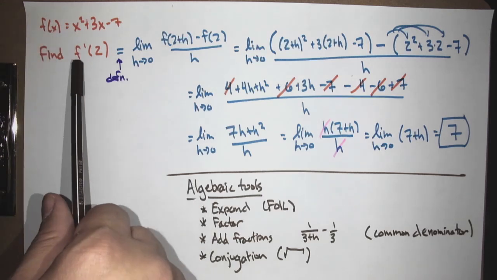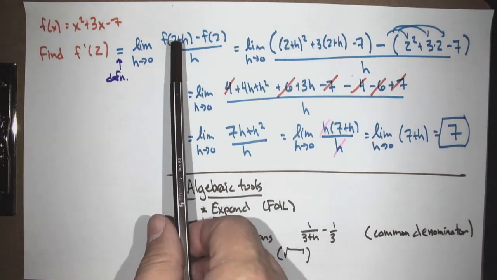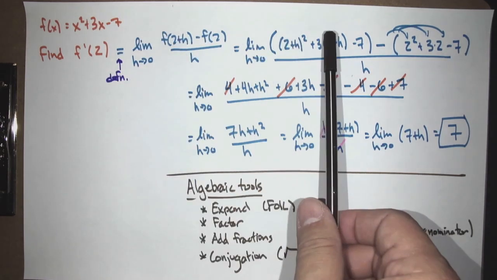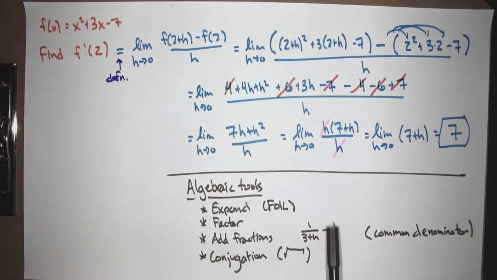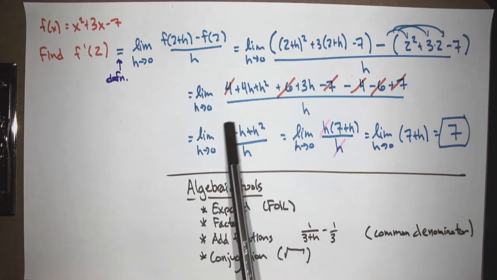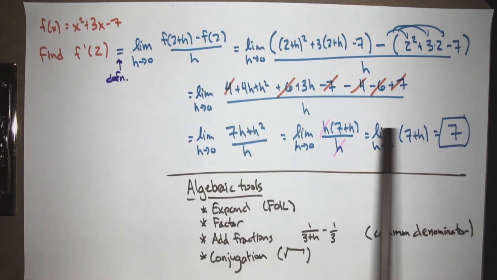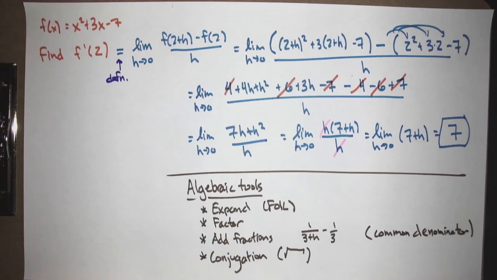So you have your definition, you plug in, and then you do your algebraic tools with the goal in mind to cancel some h's, and then after you cancel the h's, you plug in and you're done. So the process is not bad. It's only tedious. But like I said, we'll speed things up.